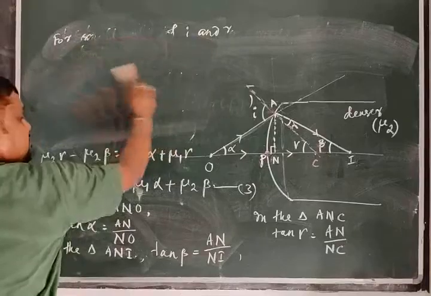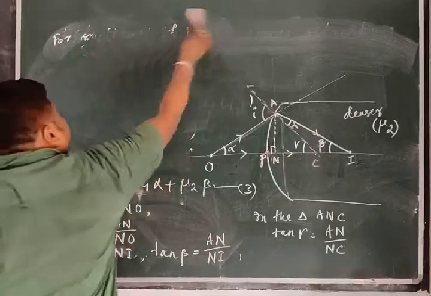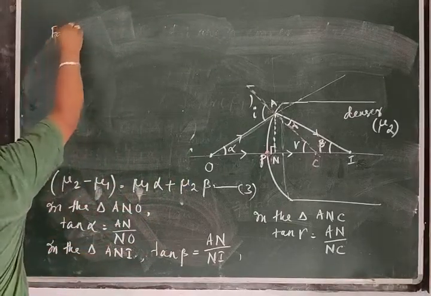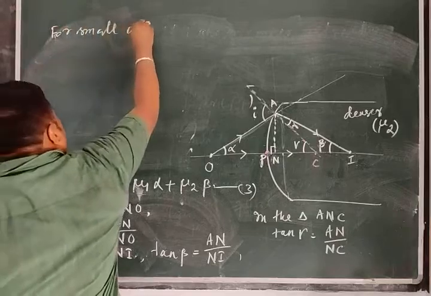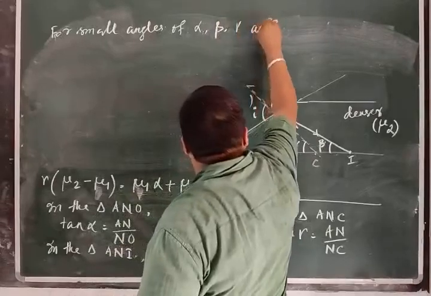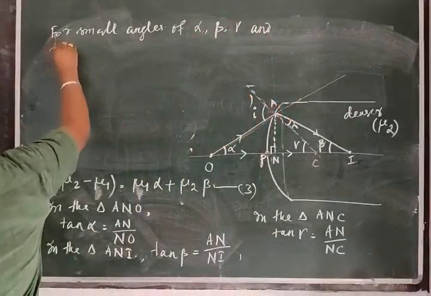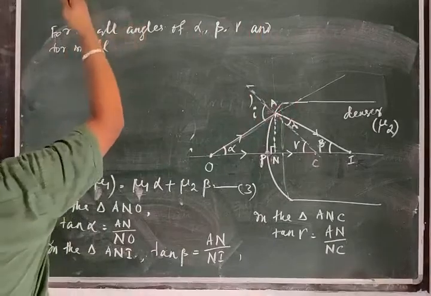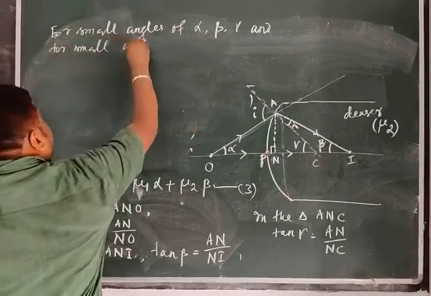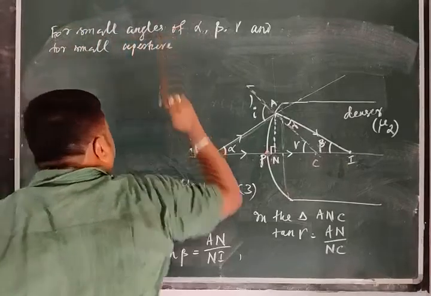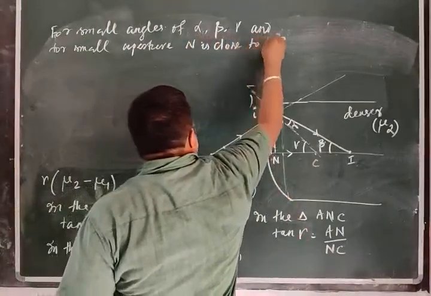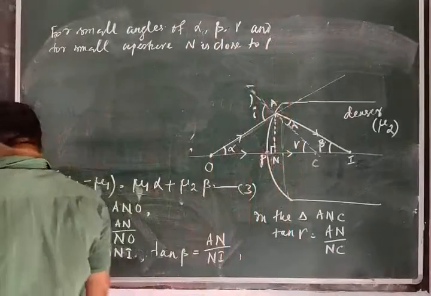Now this equation 3 is required. I write here, for small angles of alpha, beta, gamma, and for small aperture, N is close to P. They are not separated.